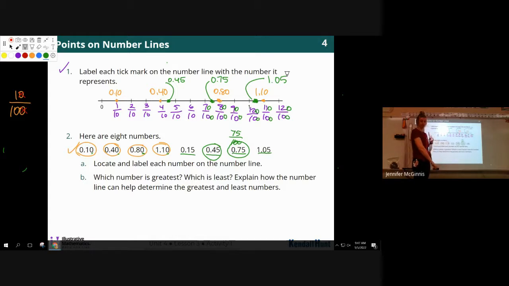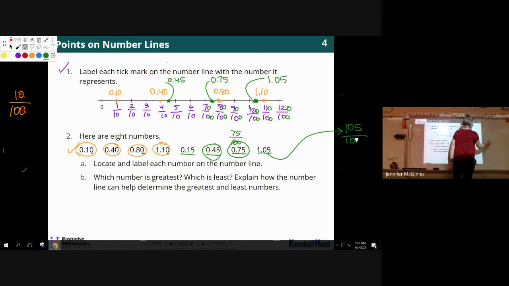Okay. I understand what you're saying. But this is not 15 whole. This is not one and 500ths. This is 15 hundredths. So this is 1 and 500ths, which if we wanted to write this as a fraction, and this is 15 hundredths. Where do we want this last one, Kelsey and Connor?